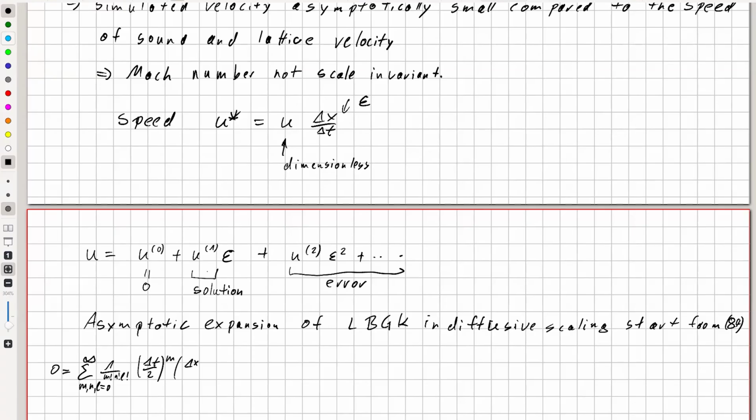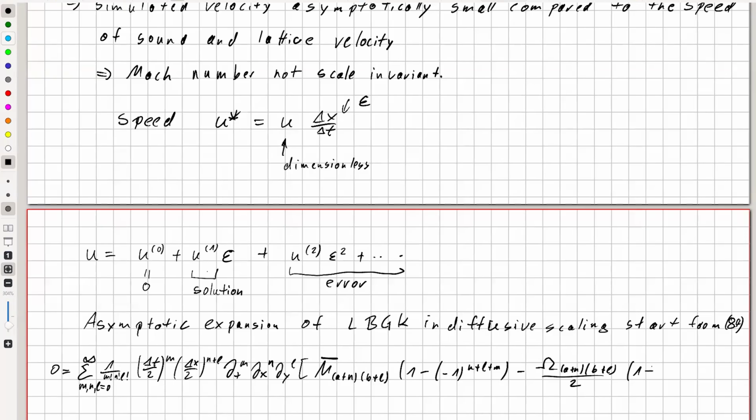So this delta x divided by 2 in n plus L, dt m dx n dy L m a plus n b plus L. So this is the overbar version, 1 minus 1 n plus L plus m minus omega a plus n b plus L, 1/2, and here comes 1 plus minus 1 n plus L plus m.